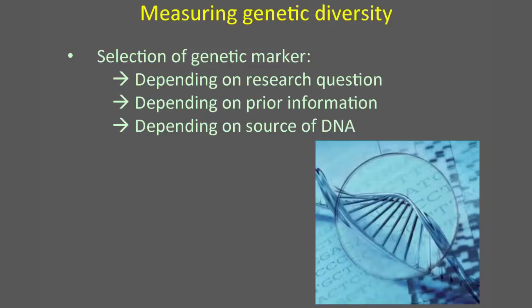That would be interesting if you would be interested, for instance, in the evolutionary relationships between different species or different families. So this is an important thing. You have to pick the marker which is most suitable for answering your question.